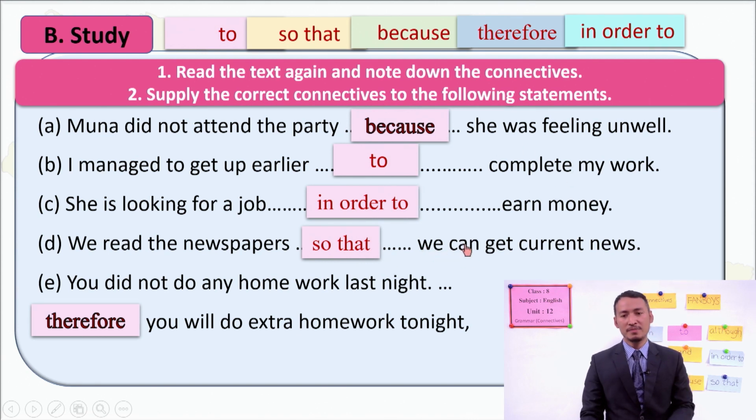Clause means we have subject, verb, and object, and some are only the verbs, verb 1 and the noun. So these are the infinitive verbs. We have infinitive verbs here after to and in order to. After so that, we have to have a full clause. Okay, students? And because also needs a clause, and therefore as well needs a similar clause.